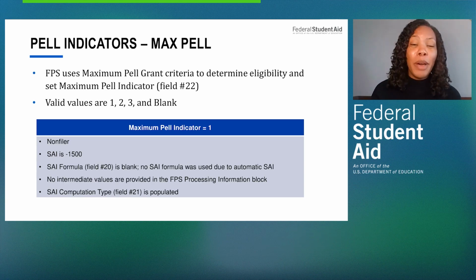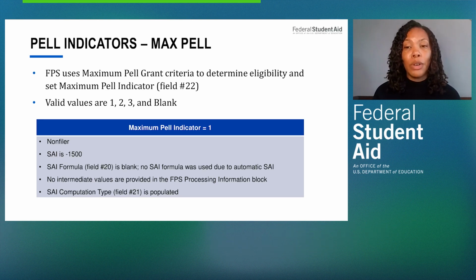So the max Pell Grant indicator on the ISIR is field 22. Students will get a maximum Pell Grant indicator 1 if the independent student is a non-IRS tax filer, or, for a dependent student, if their parent is an IRS non-tax filer. For a max Pell Grant indicator 1, they're going to automatically get a negative 1500 SAI.